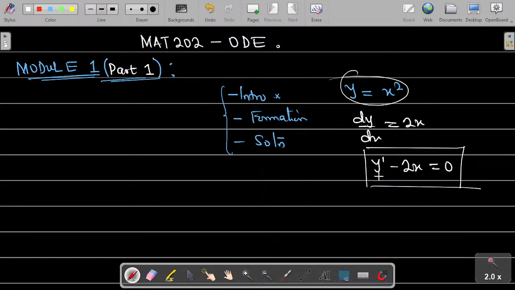In other words, you need the function that will satisfy this, meaning what value of y will I take the derivative and subtract 2x, and then get 0. That's exactly what solving a differential equation entails. What that means is that you are actually looking for a function. The solution is a function.